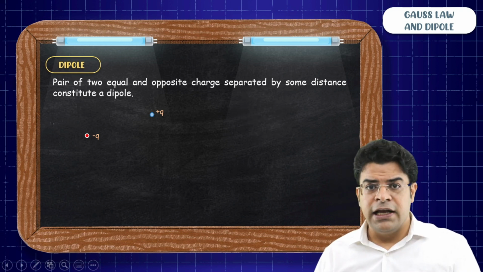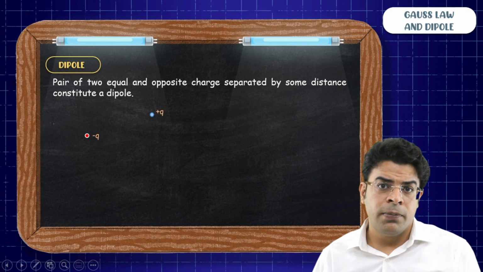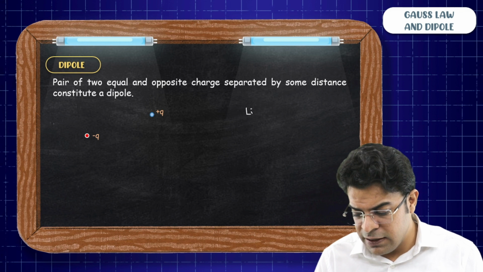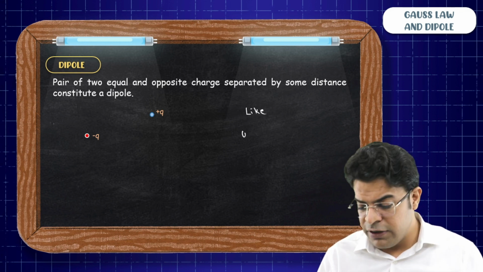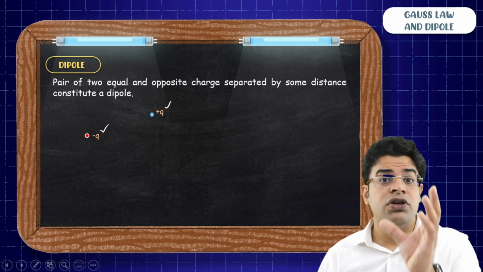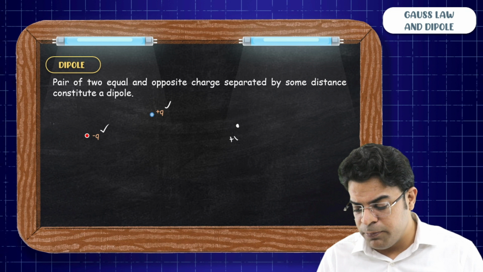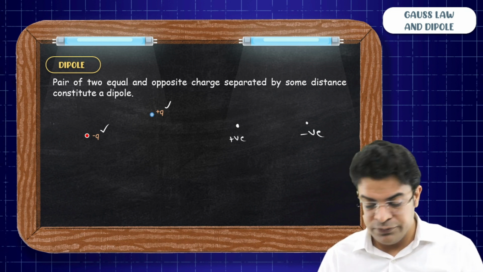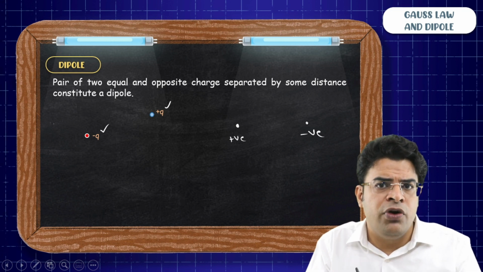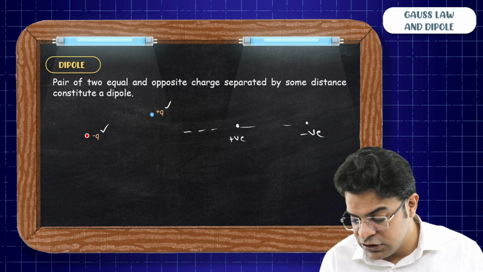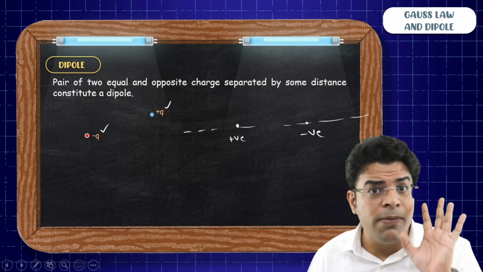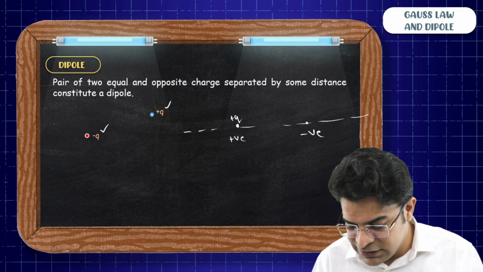Another important thing about dipole: when we were talking about null point, I said that we can find a null point for like charges and for unlike charges. Here we have unlike charges. For a positive and a negative charge, the null point, the zero electric field point, is found on the line joining the charges, outside the charges, closer to the charge of smaller magnitude. But here both charges have the same magnitude.